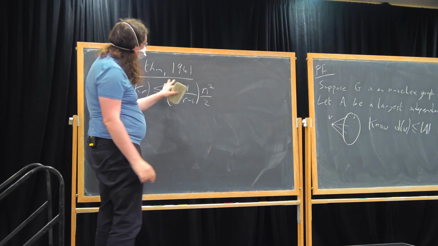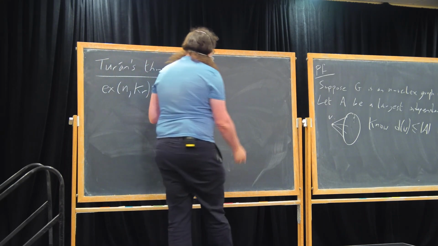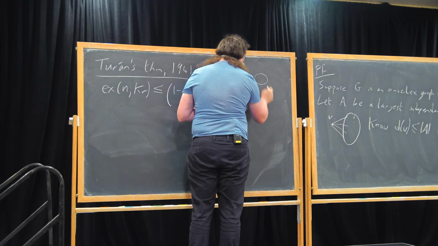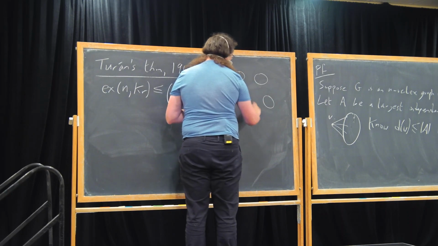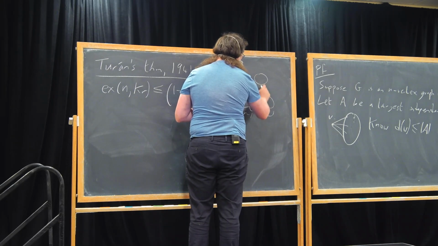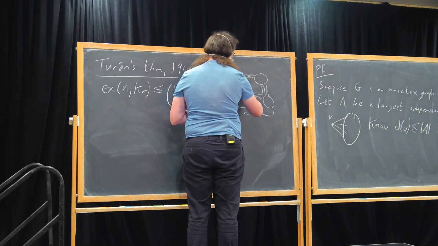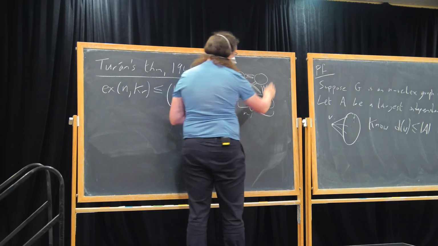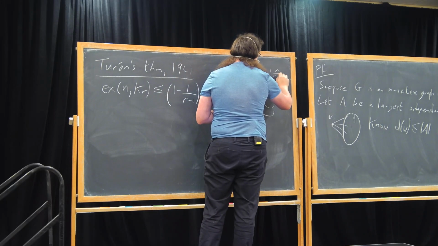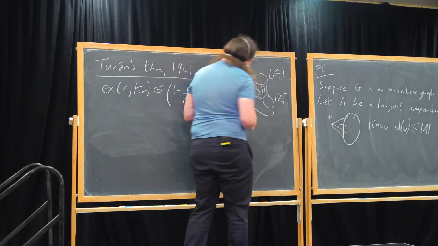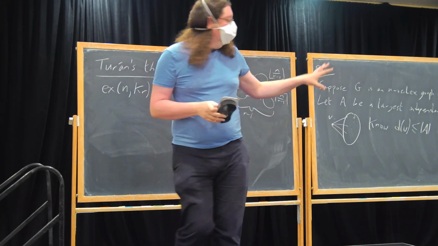This isn't always exact, but basically the thing to keep in mind is that the worst possible example is to take a collection of sets. You're taking r minus 1 parts, you put all the edges between the parts, and then you choose these to be as equal in size as possible. So they're all either n over r minus 1 floored or n over r minus 1 ceilinged. And then that's the example.